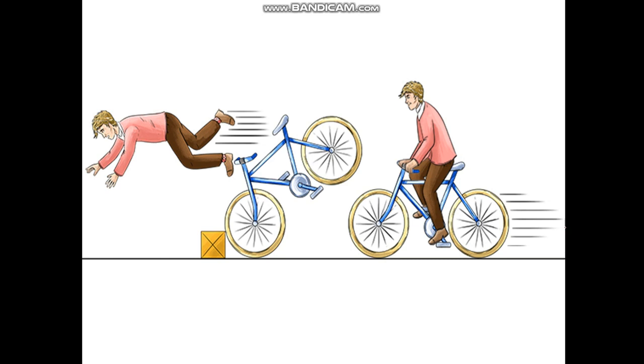Because the lower part of his body comes to rest, whereas the upper part of the body continues to be in motion due to inertia of motion, and he tends to fall forward. So here we have three types of inertia: inertia of rest, inertia of direction, and inertia of motion.